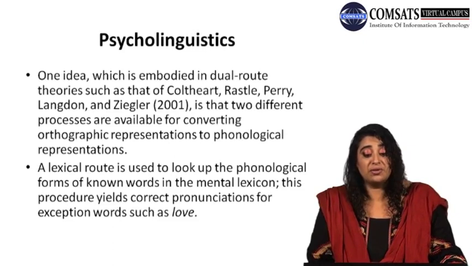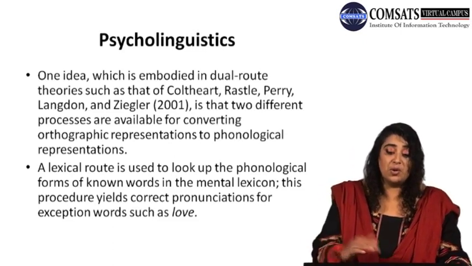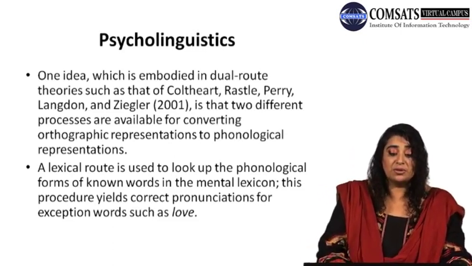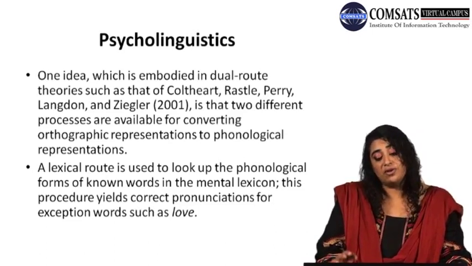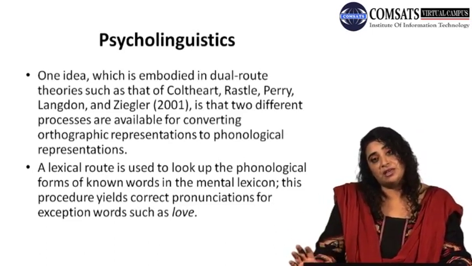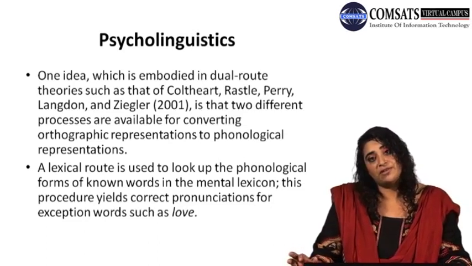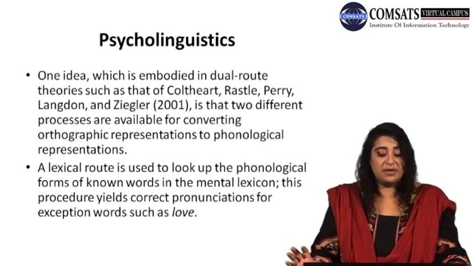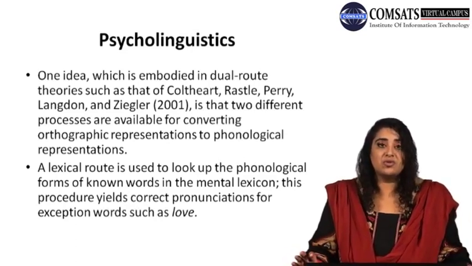This procedure yields correct pronunciations for exception words such as love. Compare stove and cove: even though ove is represented in love too, love is an exception, and you can see how we pronounce the words.